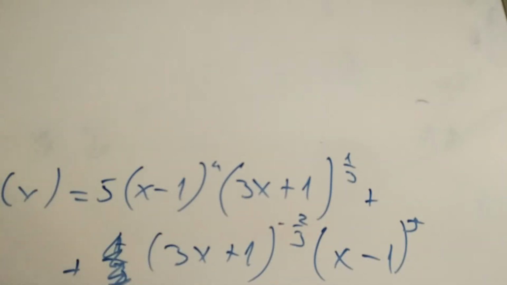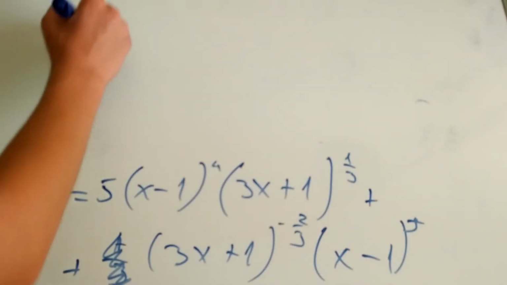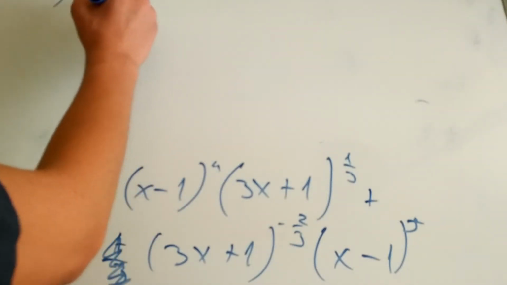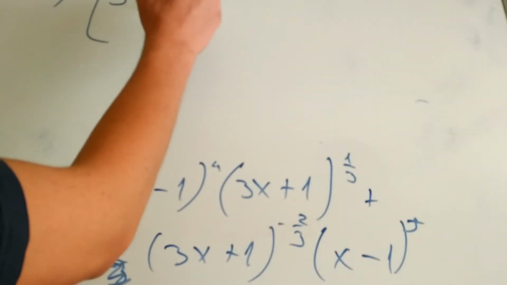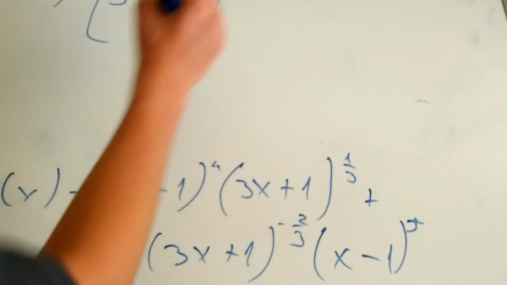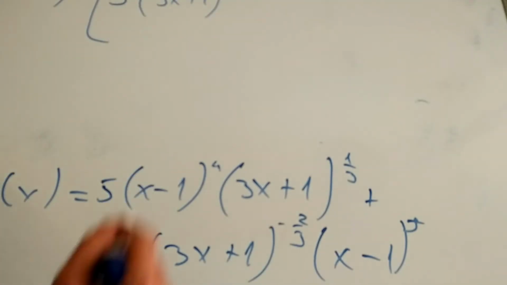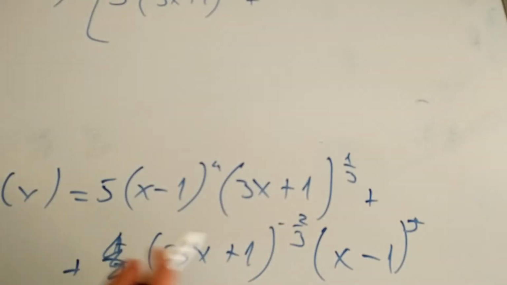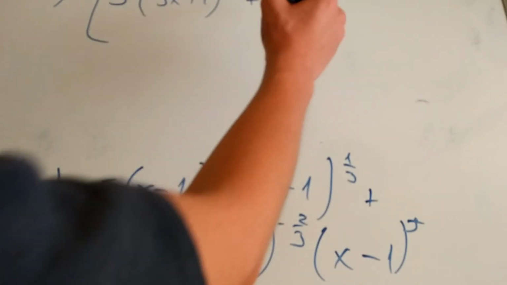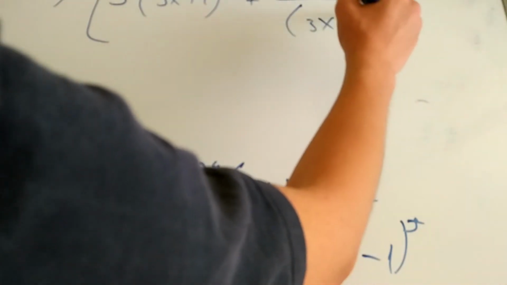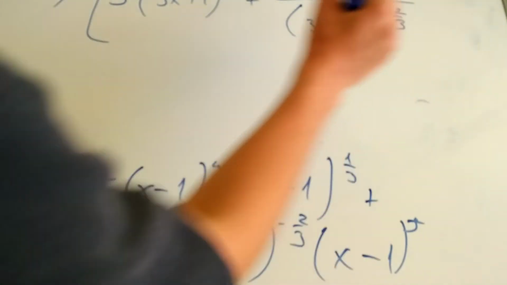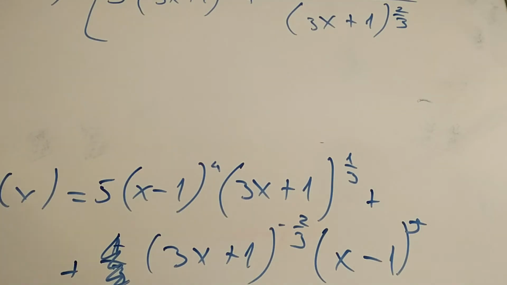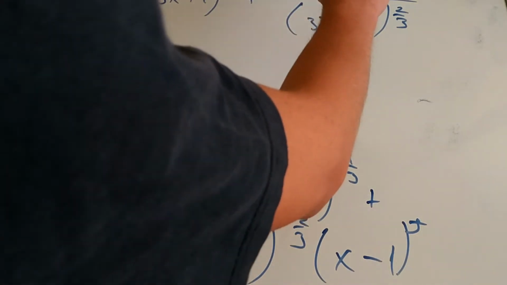What we can do is we can take (x minus 1) to the fourth power in front, so we'll get (x minus 1) to the fourth power, and now in brackets we have 5 times (3x plus 1) to the 1/3 power, plus here we can put this in the denominator since we have a minus exponent, and we'll get a fraction, and here we'll get (3x plus 1) to the 2/3 power, and in the numerator we'll get x minus 1.